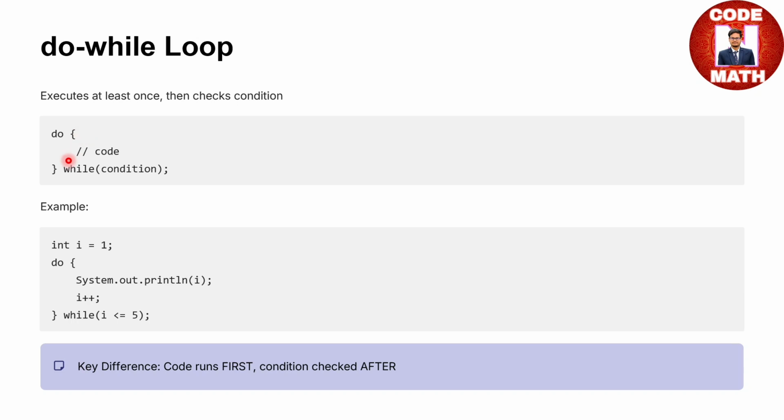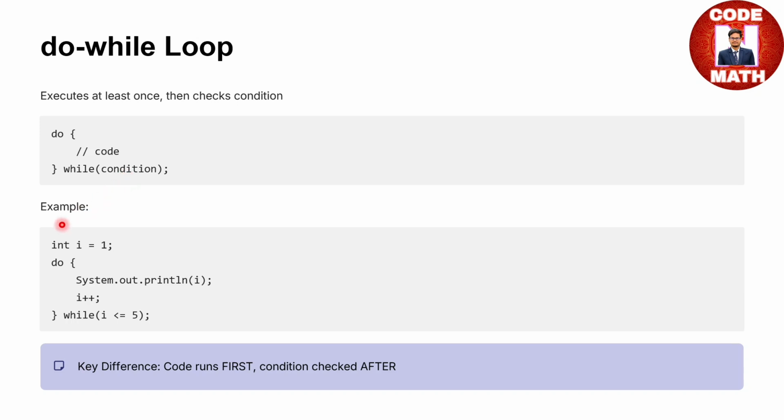After executing this, it goes to while and then checks the condition. So it is definitely going to run at least once, then it checks the condition, and if the condition is met again, it goes on, else it terminates the loop.